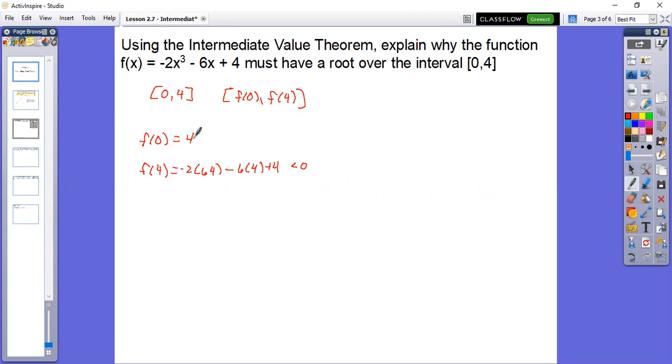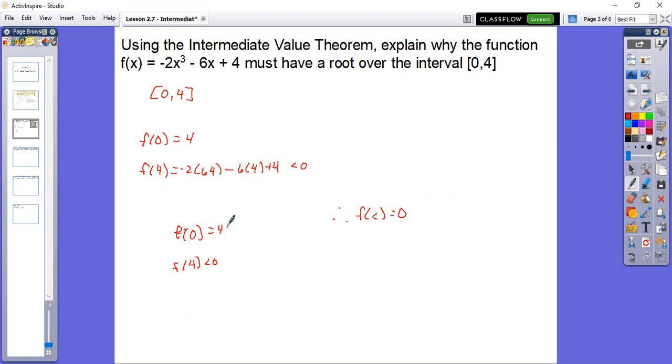So the reason that's important is, if I notice f of 0 is 4, also, side note, let's not write this as an interval. Let's just say that we're going to hit every single value between f of 0 and f of 4. But if f of 0 is equal to 4 and f of 4 is less than 0, by the intermediate value theorem, there must be some value such that f of c is equal to 0.